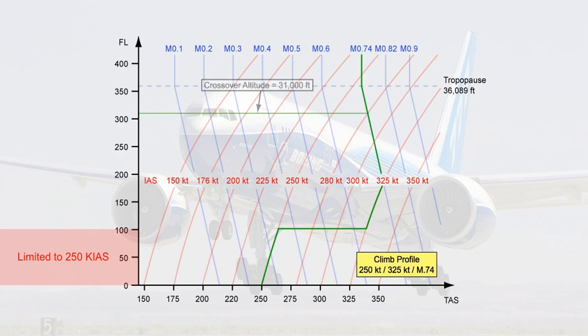Once the Mach number has increased to 0.74, the aeroplane then climbs at 0.74. Notice now the crossover altitude is lower at 18,000 feet. Therefore, if the indicated airspeed is increased in the climb profile, the crossover point decreases to a lower altitude.